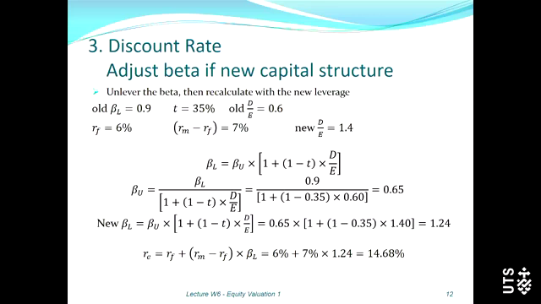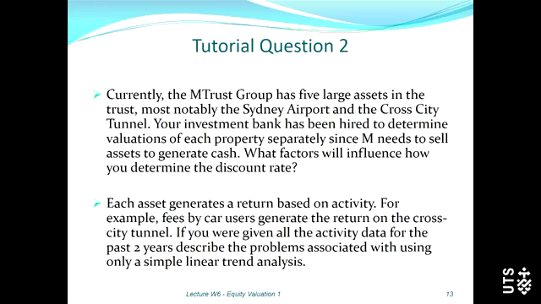Based on our estimations of the historical risks associated with investing in this firm, and looking into the changes of leverage that the company will have in the future, we can expect shareholders to have a required rate of return of 14.68%. And this is the rate we would use to discount our free cash flows to equity to get the value of equity for those shareholders.